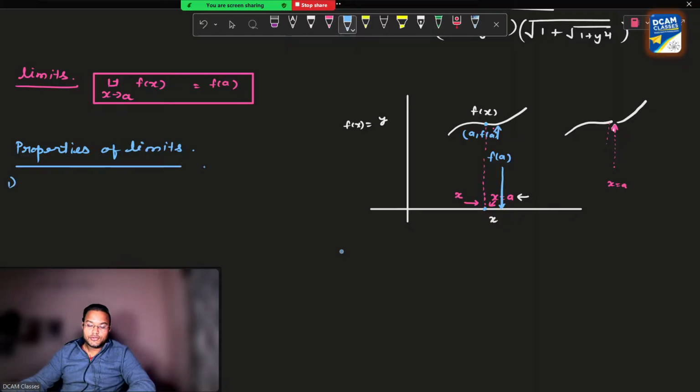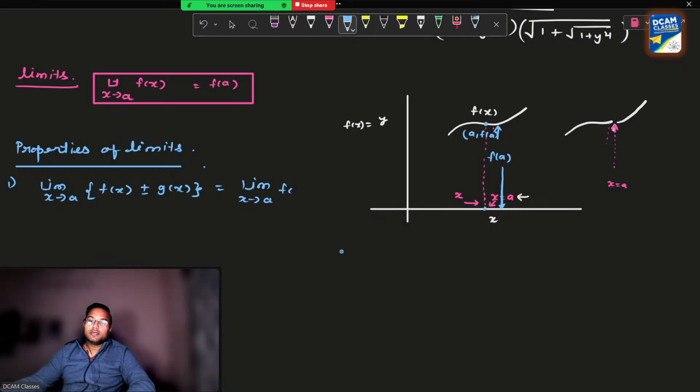When we have a situation like limit x tending to a of f of x plus or minus g of x, then in that case this limit goes inside and applies individually to each function. f of x and g of x are different functions. Then this will be equal to, I'll give you an example, don't worry, limit x tends to a of f of x plus or minus limit x tends to a of g of x it will become. Clear?